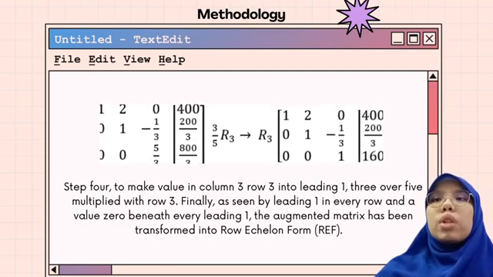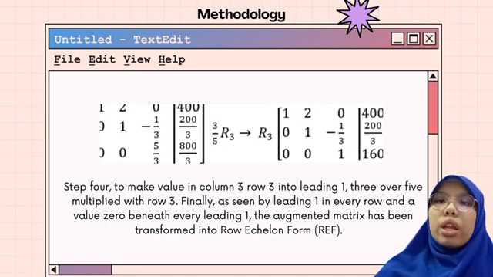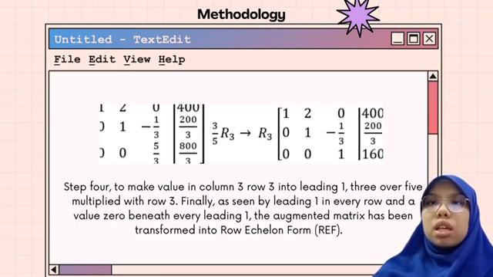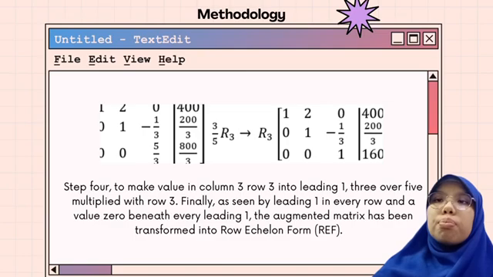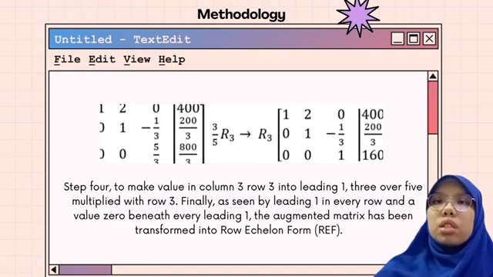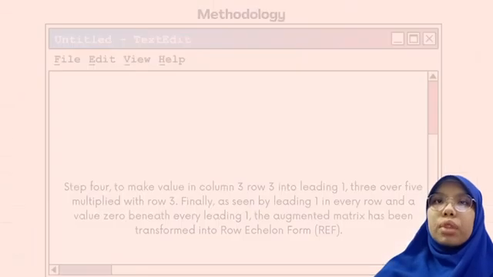At row 3, we get 0, 0, 1, 160. Finally, as seen by a leading 1 in every row and a value 0 beneath every leading 1, the augmented matrix has been transformed into row echelon form (REF).